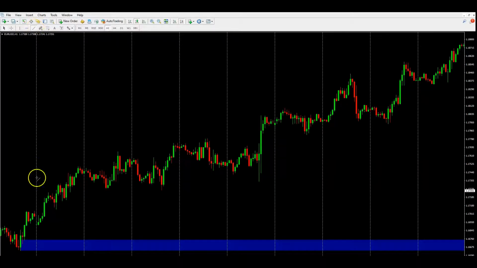This would be 1 level, 2 levels, 3 levels. Should I expect a reversal?